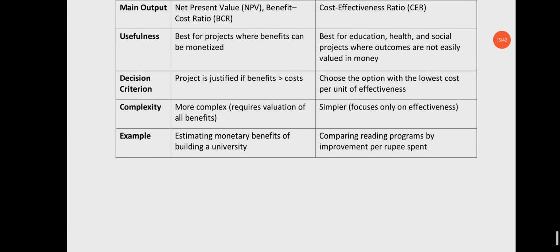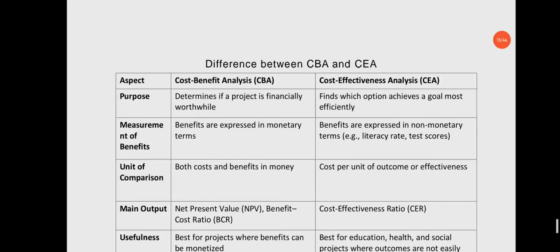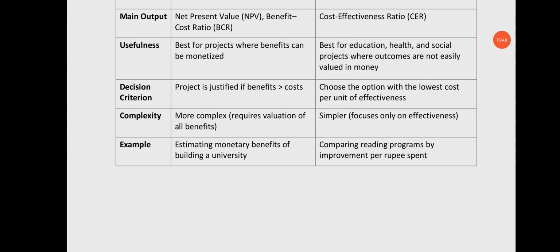Decision criterion: in CBA, a project is justified if benefits are greater than cost. In CEA, choose the option with the lowest cost per unit of effectiveness.